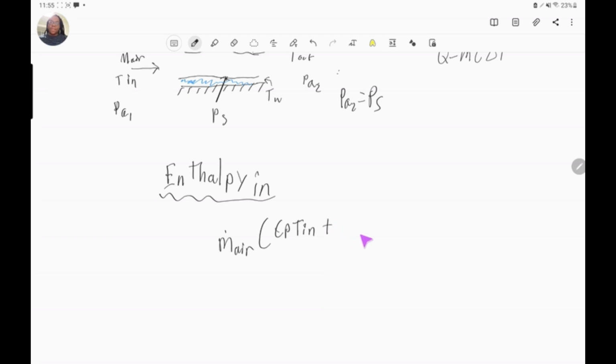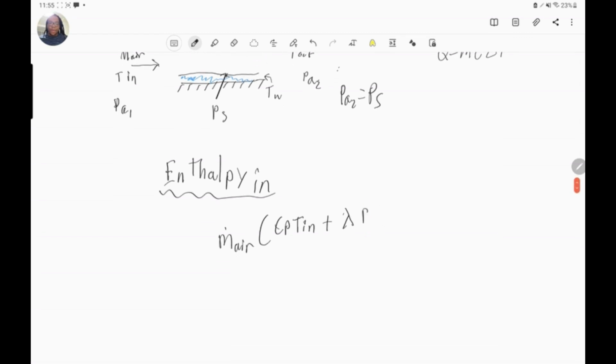And that's going to be plus our heat of vaporization, because we need to account for the evaporation. And that'll be multiplied by our PA1 over our RT, which we know will give us the concentration here.